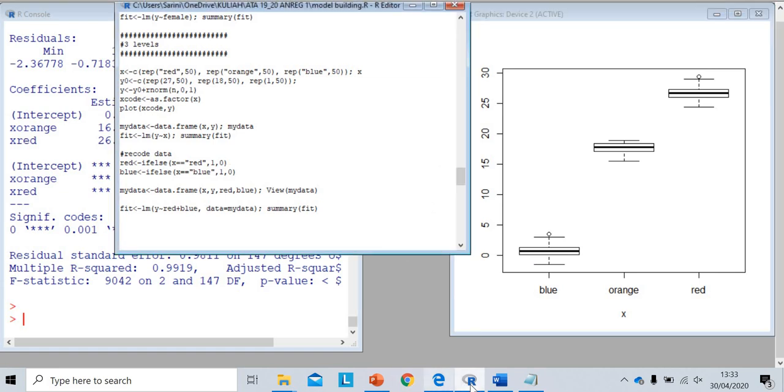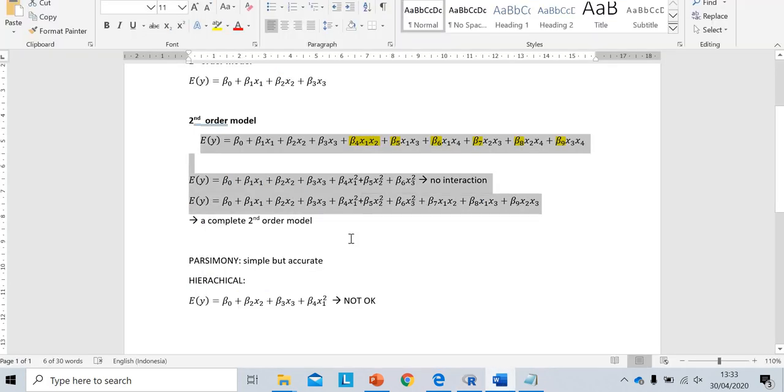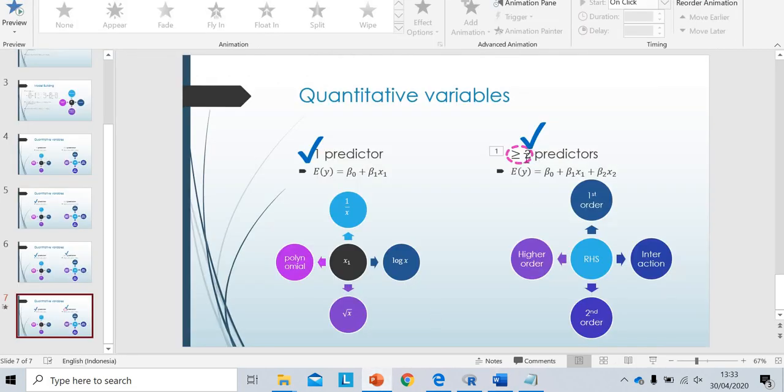Please refer to the previous video. Then not all of these terms are included in the model. So that's our model building for more than two quantitative predictor variables.